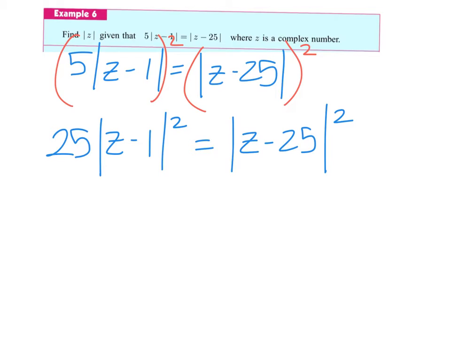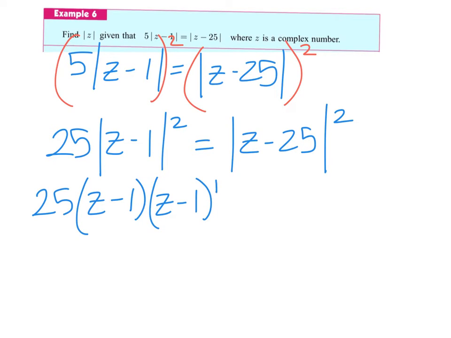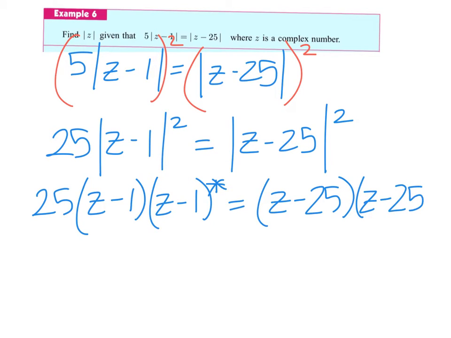And now with this, we just learned a second ago that this is equal to z minus 1 times the conjugate of that, likewise, z minus 25 times the conjugate of that. And now we're going to pause for just a second and come back to this idea.